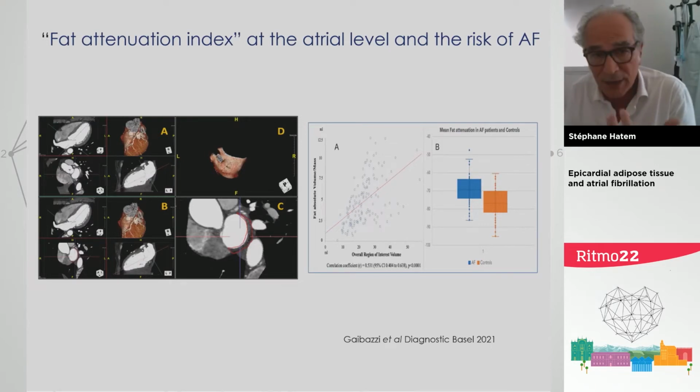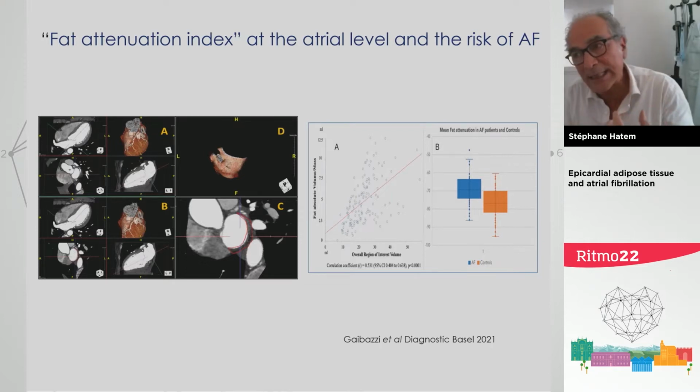There's a series of studies that start to investigate what is the significance of this fat attenuation index. With all that I said before, we now know that this adipose tissue is not a passive tissue. It's highly regulated.